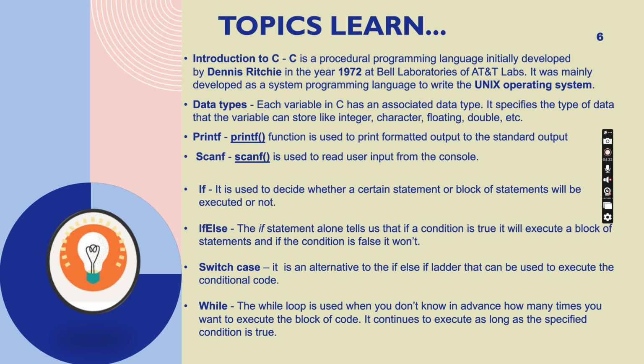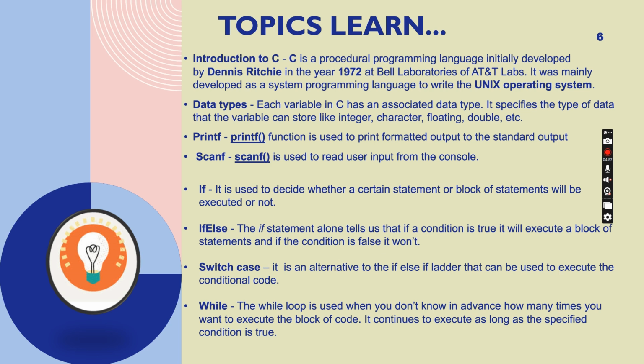In this internship, we learned about data types, printf, scanf, if, else, etc. In data types, there are different types like integer, character, float, double, etc. Then printf, which is used to print formatted output to standard output. Then scanf, which is used to read user input from the console.